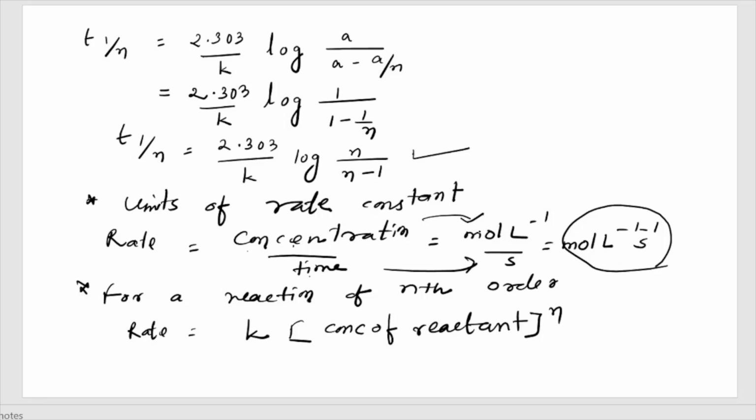But when you calculate the units of the rate constant, rate is there. Then what is the rate? According to the law of mass action, or rate law, rate equals K times concentration of reactant to the power n.